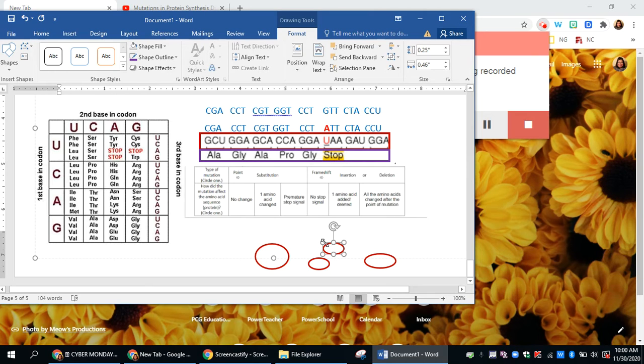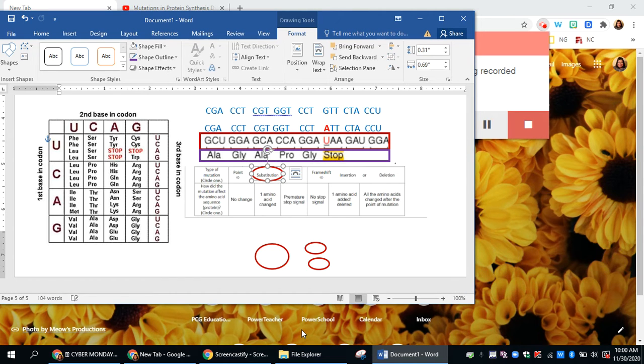And it's kind of like stopping a sentence halfway through your thought. So again, we will have a substitution, so we'll circle that. And the result of that will be a premature stop signal. So this example here makes the protein not functional again.